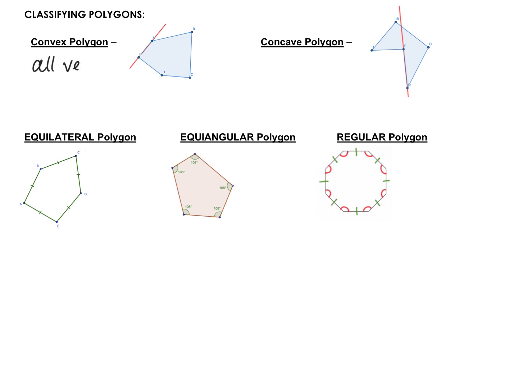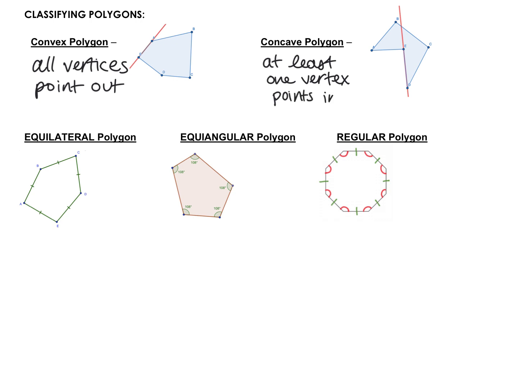All the vertices point which way? Out. On a concave, you have at least one vertex that's caved in, or I'll say pointed in. These are my definitions. Are these technical definitions? No. Okay.